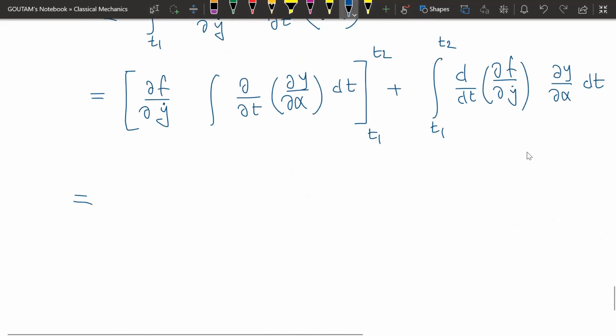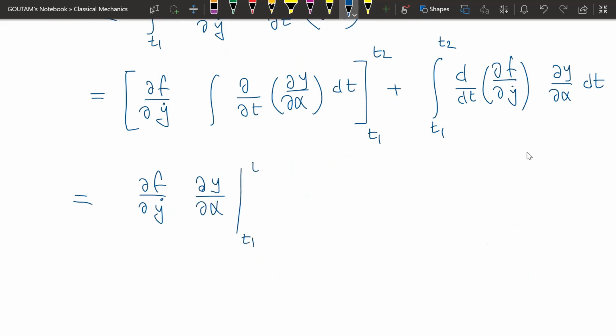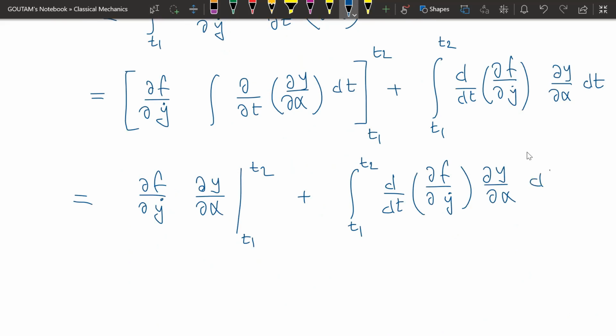Now this term will be ∂f/∂ẏ times ∂y/∂α from T1 to T2, plus from T1 to T2 we will have d/dt of ∂f/∂ẏ ∂y/∂α dt.